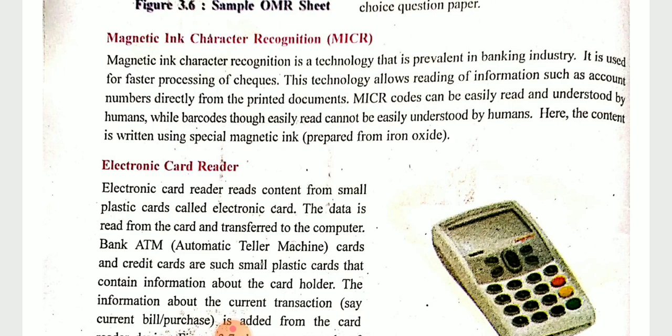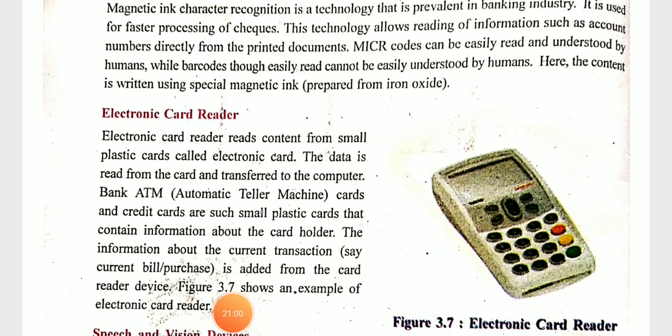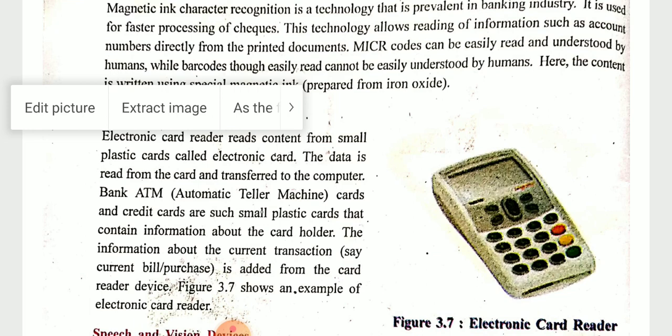This technology allows reading of information such as account numbers directly from the printed document. MICR codes can be easily read and understood by humans, while barcodes, though easily read, cannot be easily understood by humans. Here the content is written using special magnetic ink.